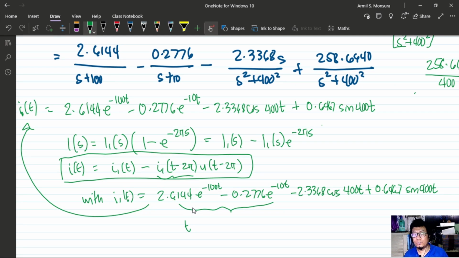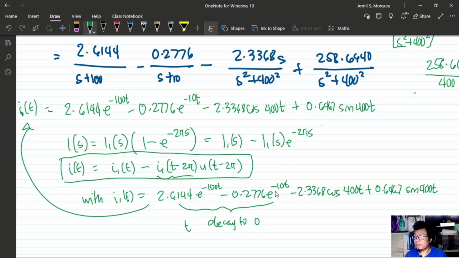So these two terms would decay to 0 as your t approaches a certain value that is high enough for the product negative 100t and negative 10t to be very negative. So that's the first thing.